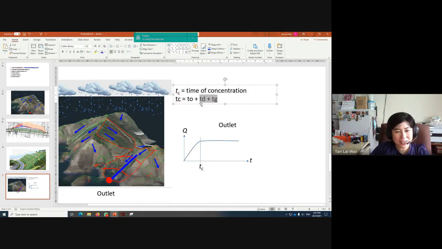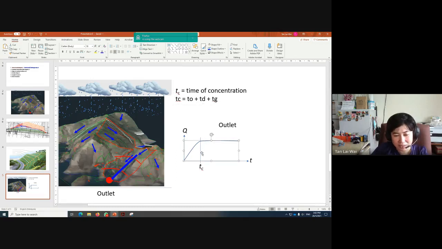Now, when I said that, actually you can get a few combinations of TC. Which TC do you want to use? Of course, the largest TC, because when it is the largest TC, all the flow will concentrate.